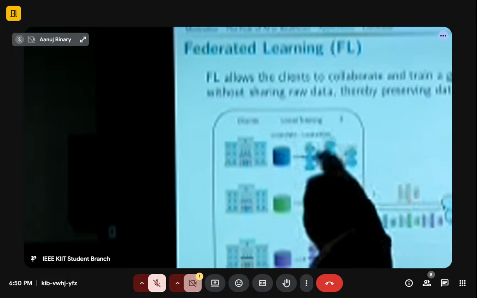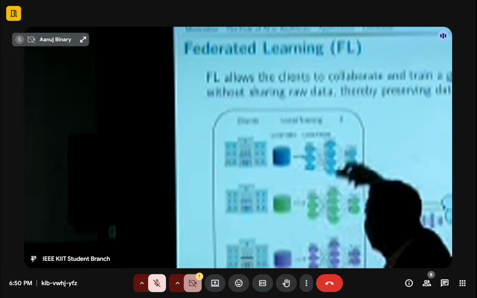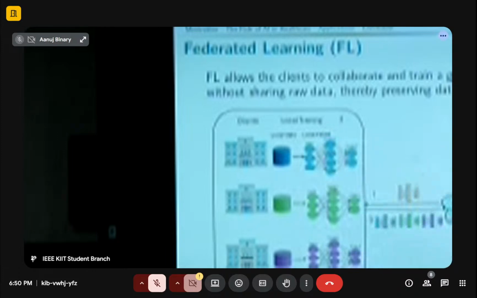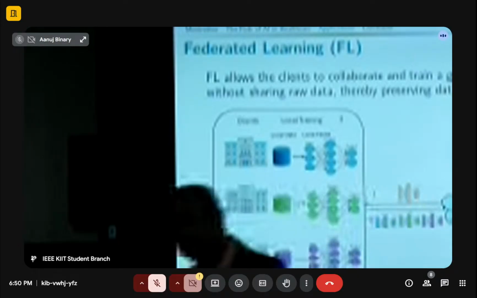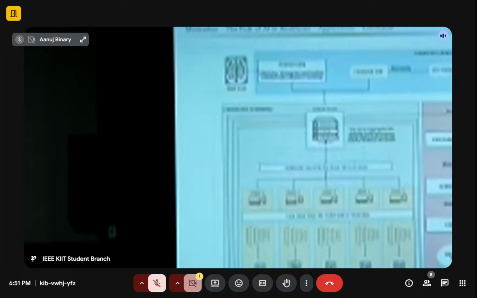The local model gets the data from the local database, trains the model, and shares their weights to the global model. This process will keep on training for 10 times or 20 times until we get a better model. This is very important in case of your FL. So how it is different from ML and DL, you should understand.